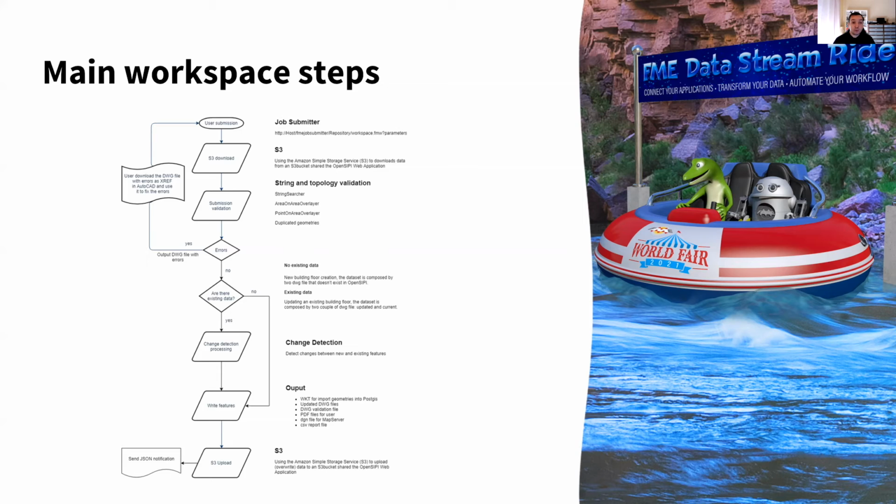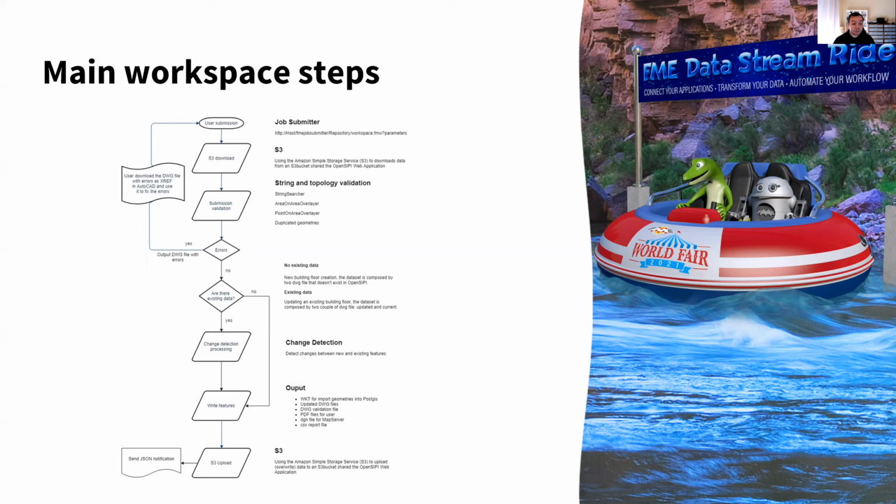If some errors are found by the procedures, one DWG file and one CSV file are sent back to the users to fix the errors and send the files again for validation.